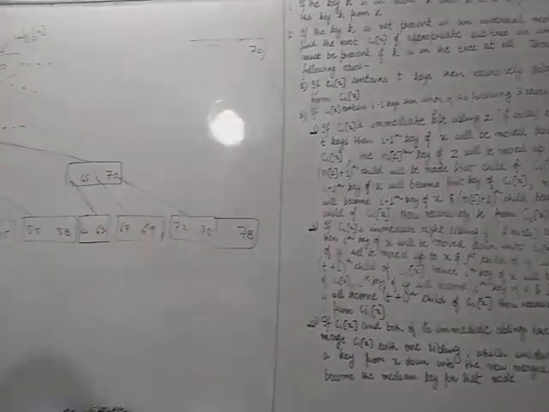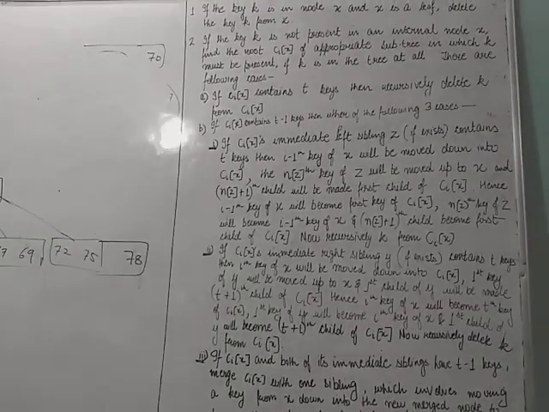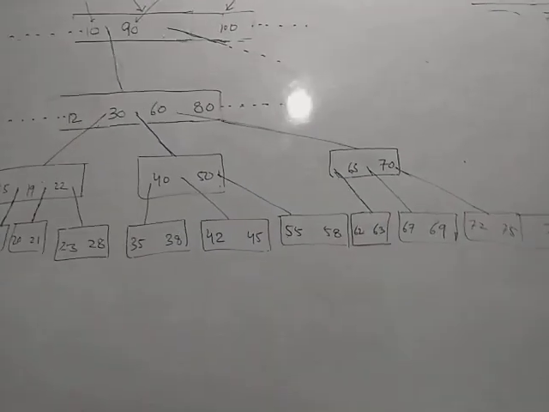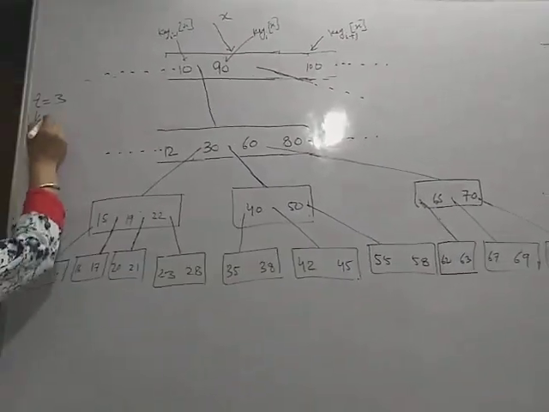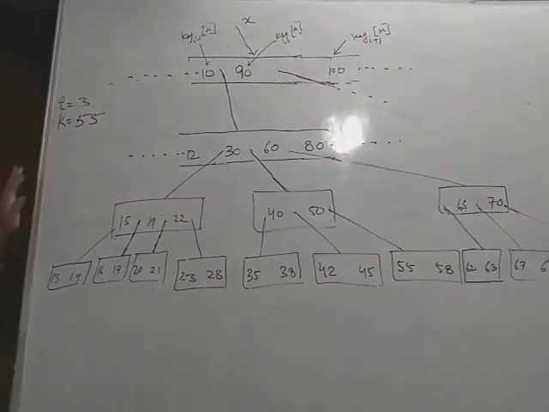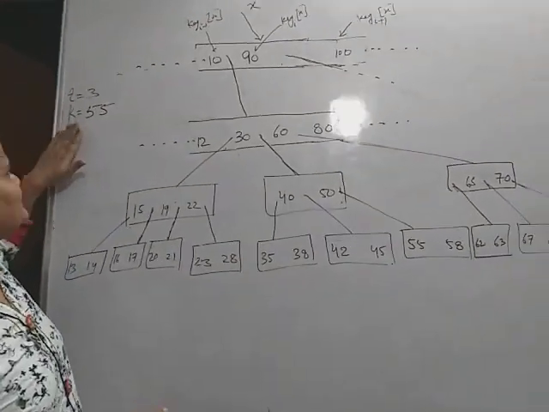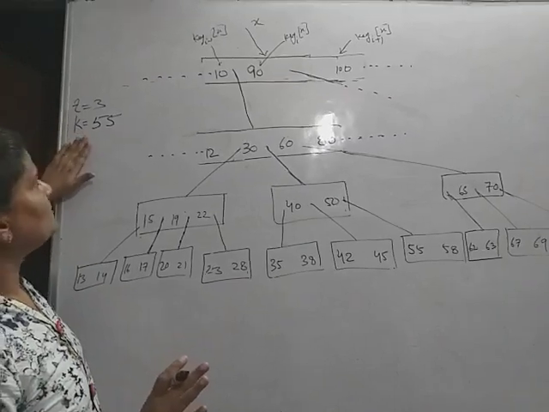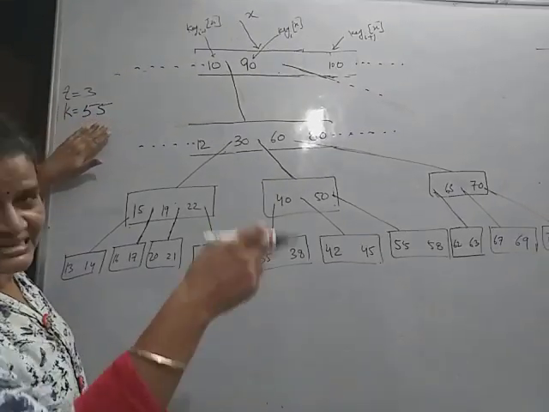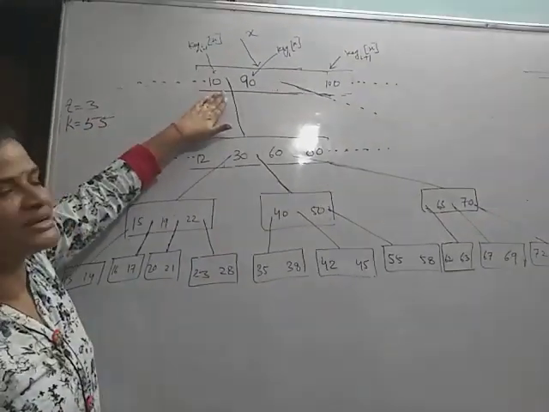Now here the second case. Suppose here I am deleting the key 55. So suppose in this recursive procedure, x is pointing to this node.